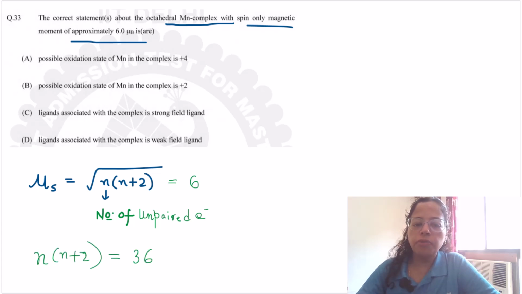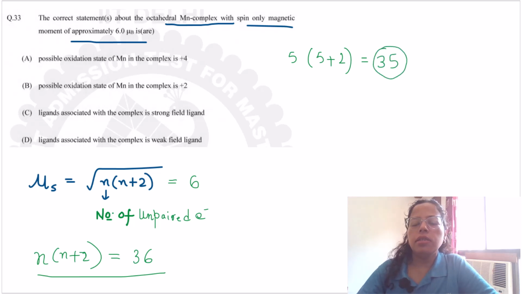From here we have to predict the value of n. If n is 5, then 5 into 5 plus 2 is 5 times 7, which is 35. So the number of unpaired electrons is approximately 5.